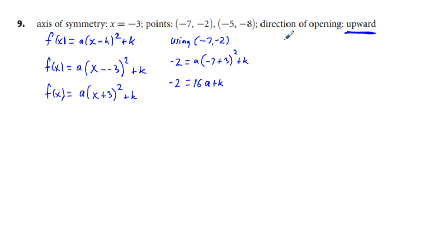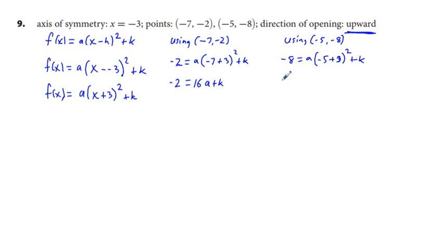Now our other equation can be found using the coordinate pair -5, comma, -8. So we will say -8 is equal to a times -5 for x, and we're going to add 3, square it, and then on the outside put plus k.